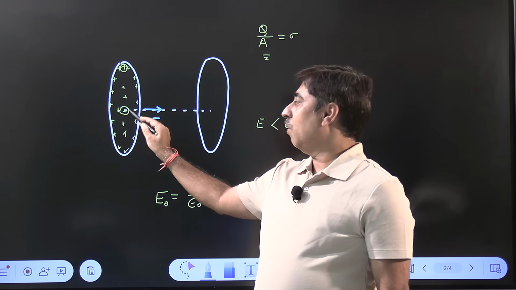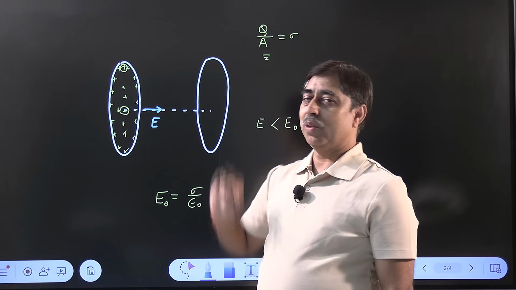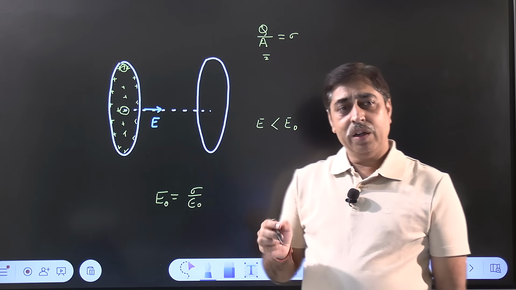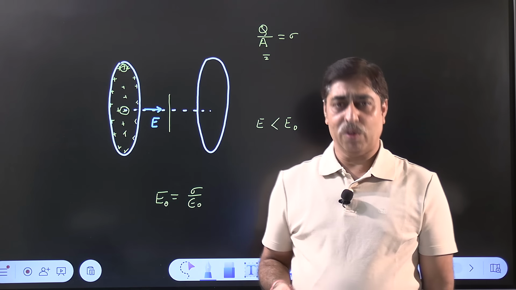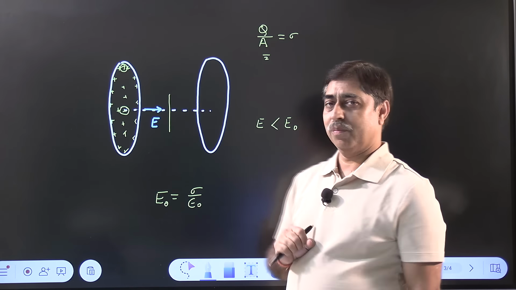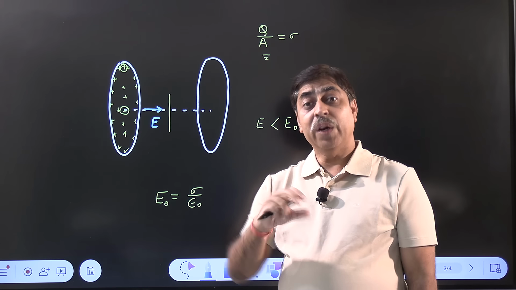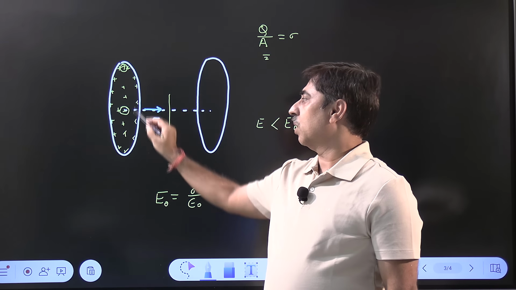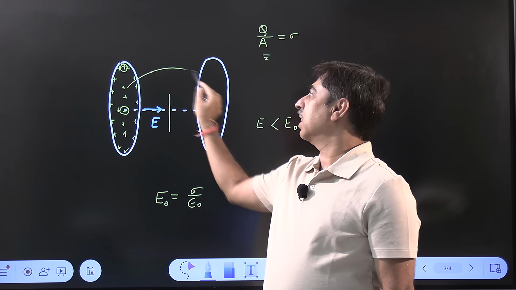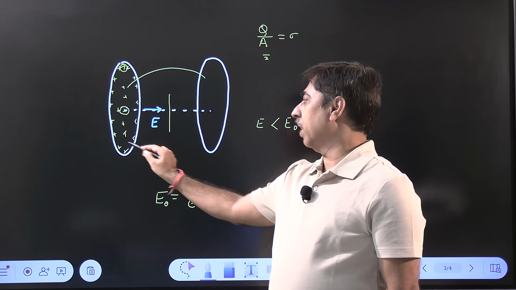Now, if you move away from the plate, the electric field will become even less strong than this, because fringing of lines is there. Field lines are not exactly perpendicular to the surface. As you move towards the edges, field lines become curved like this.